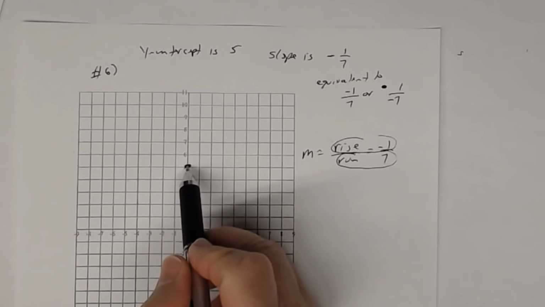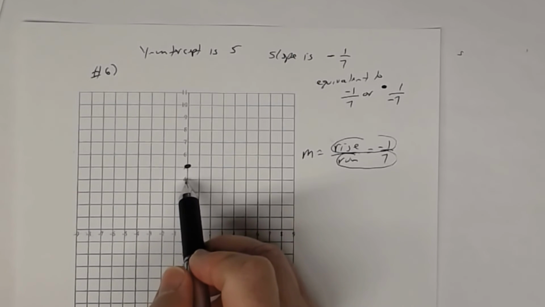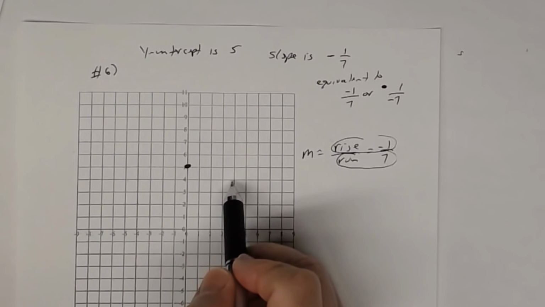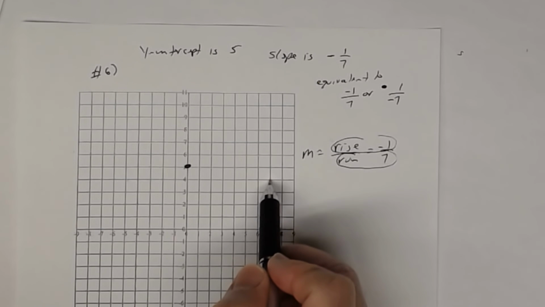From the point you already know, which happens to be the y-intercept, you rise -1. Since my rise is negative, I'm going to go down 1. And my run is +7, so I'm going to go to the right 7. 1, 2, 3, 4, 5, 6, 7. So right here.